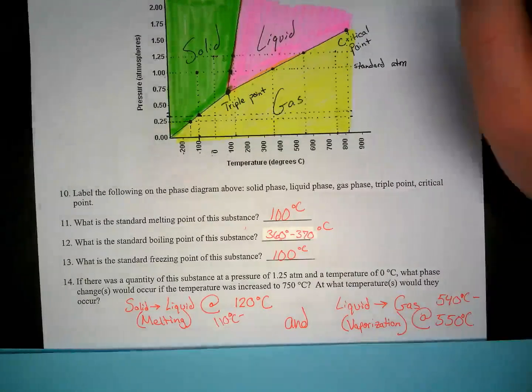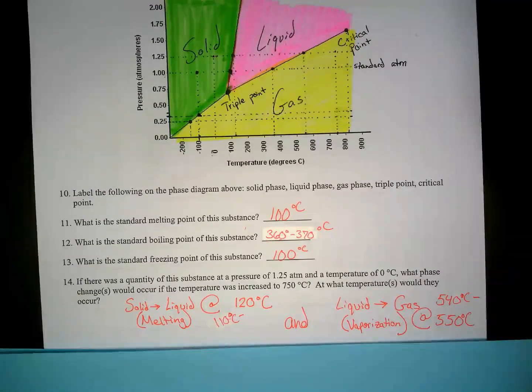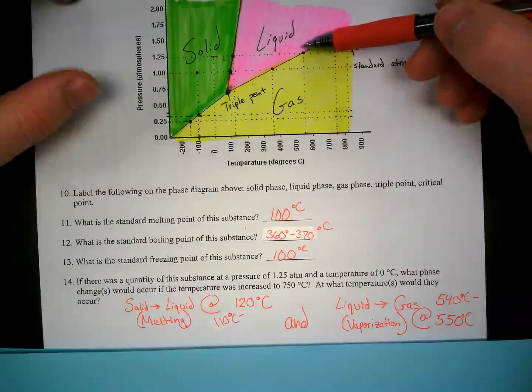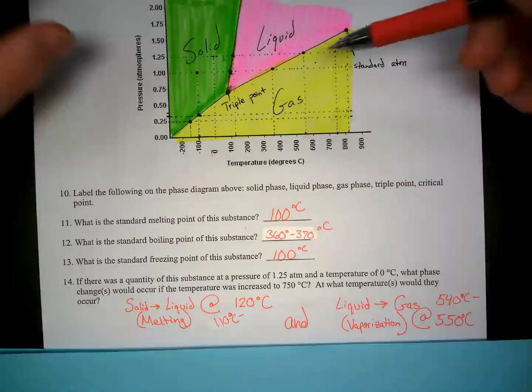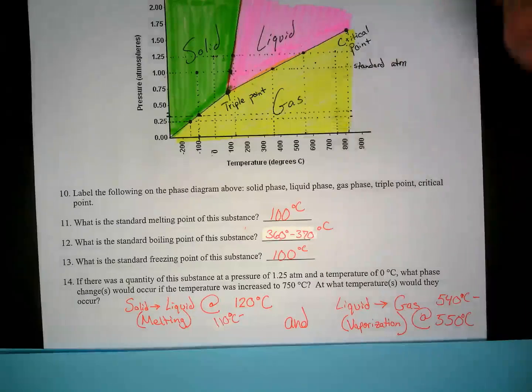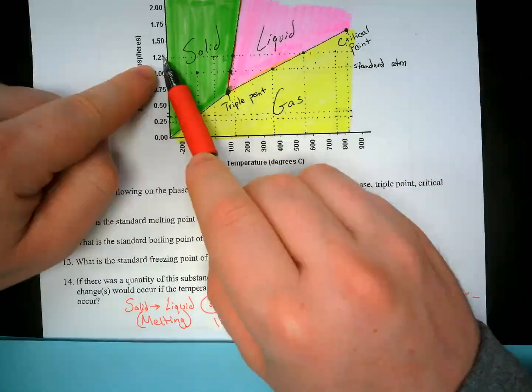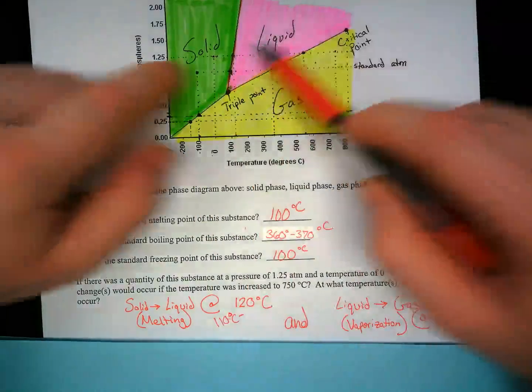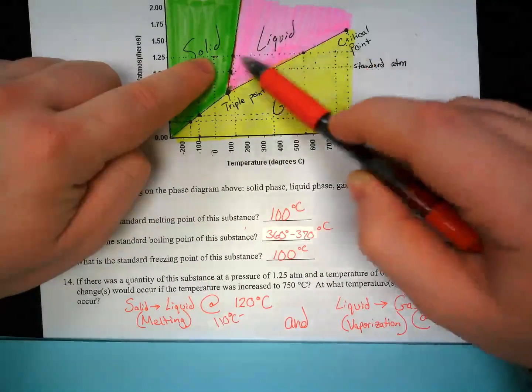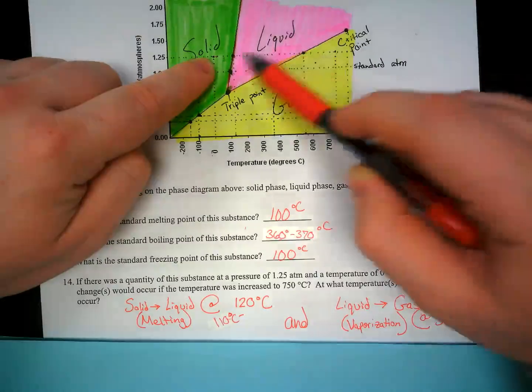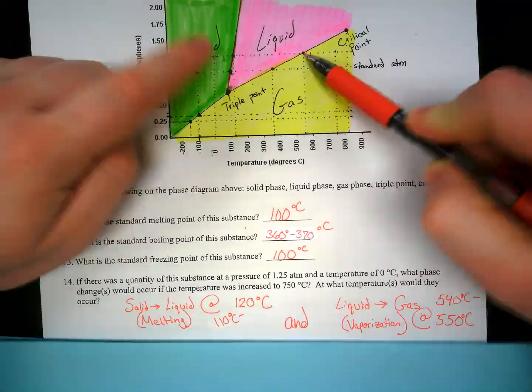But somewhere in there, around 550 degrees Celsius, we're going to see the substance go from a liquid to a gas. We're going to see it vaporize. So that's what we would see using this graph. Again, at 1.25 atmospheres, going from this temperature to this temperature, these are the temperatures where we would see the phase changes.